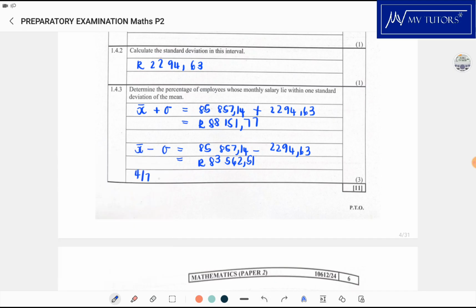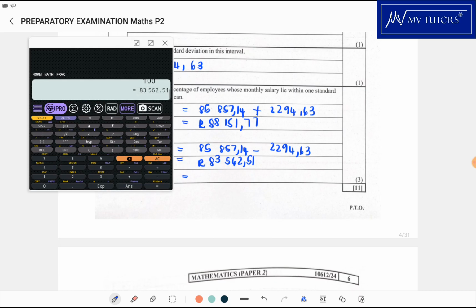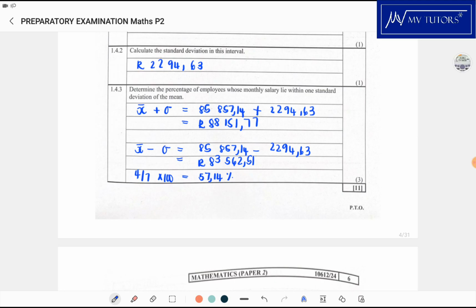So 4 over 7 times 100. 4 divided by 7 is equal to 0.57. If we multiply that by 100, that gives us 57%, or 57.14%. All right, and that was question 1.